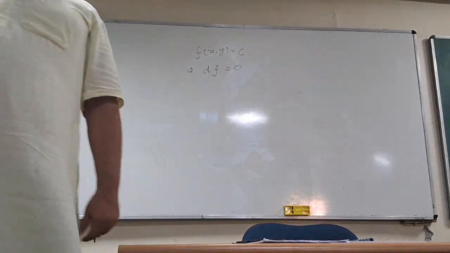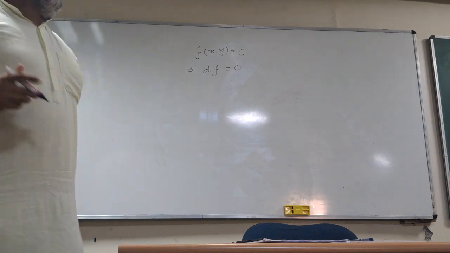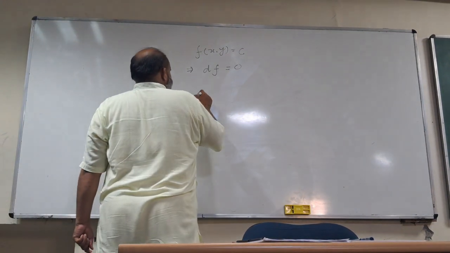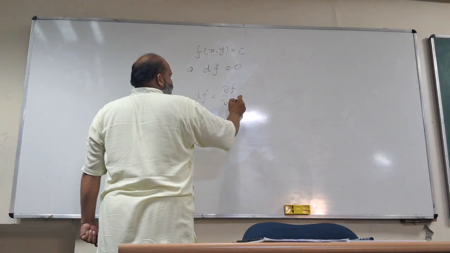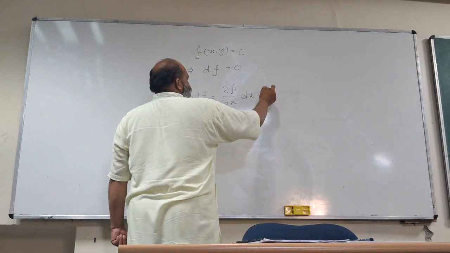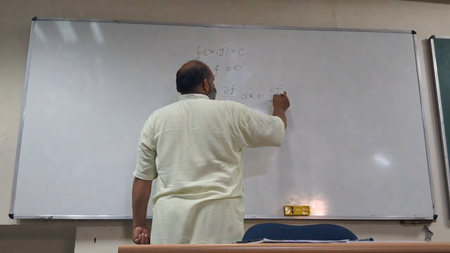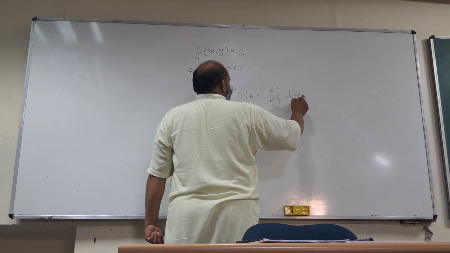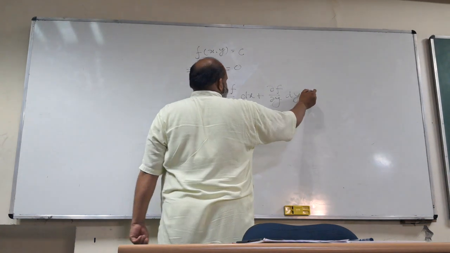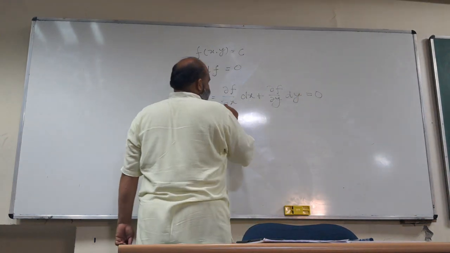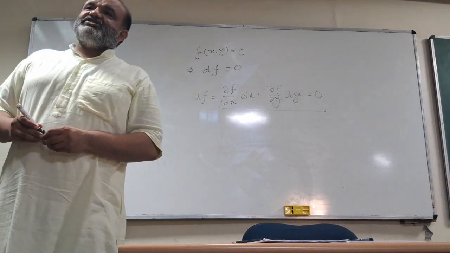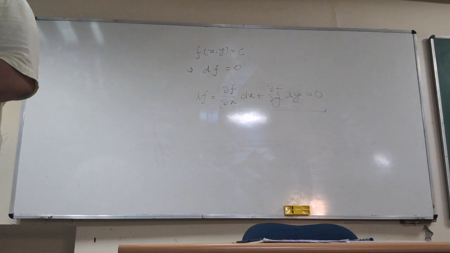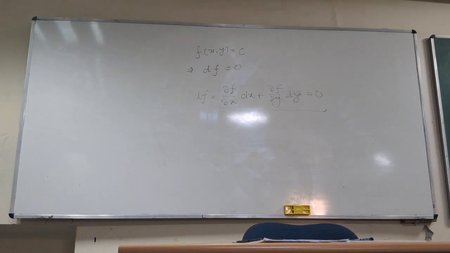And applying the chain rule, df will be equal to del f over del x dx plus del f over del y dy. So here in this situation, this expression is equal to 0. Is it okay? Is it right?